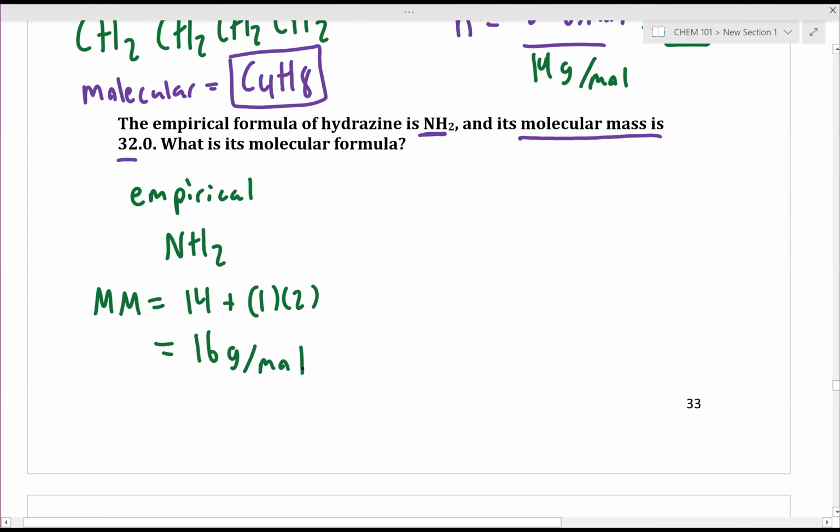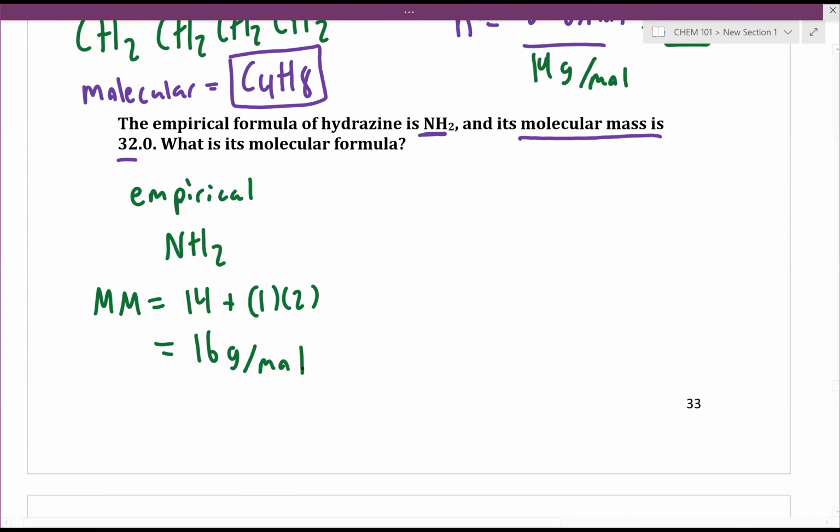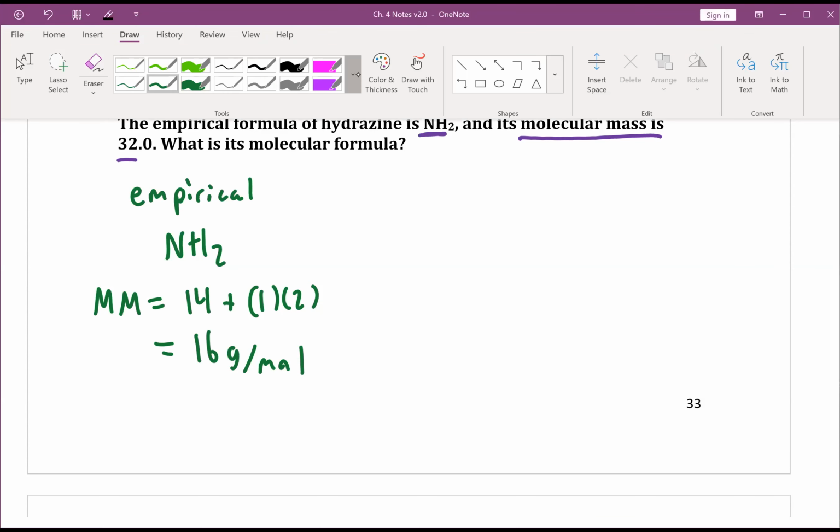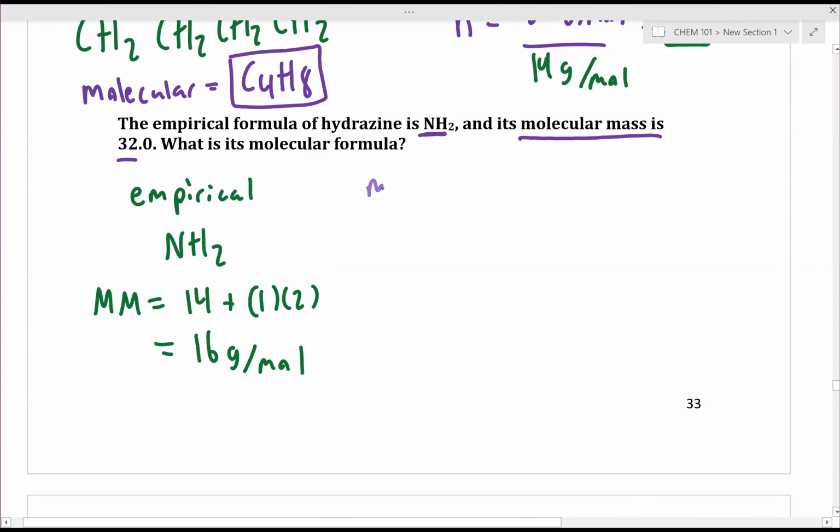Perfect. We also are given that our molecular mass is 32.0 grams per mole. So do we have enough information to calculate N? Yep.